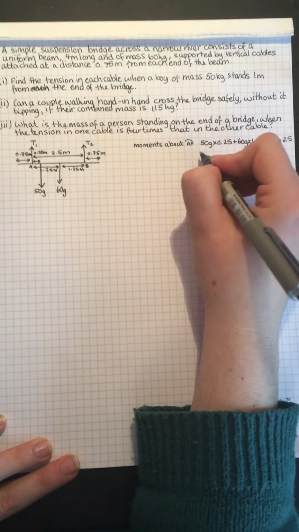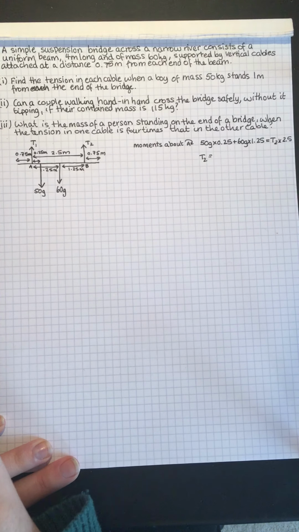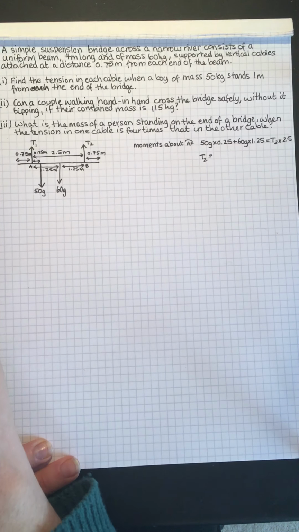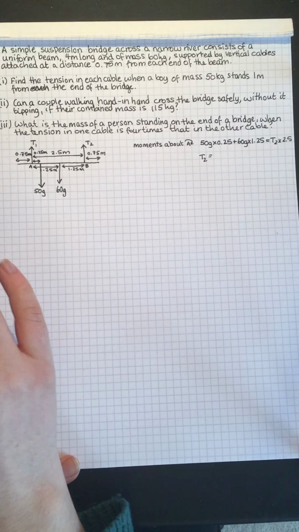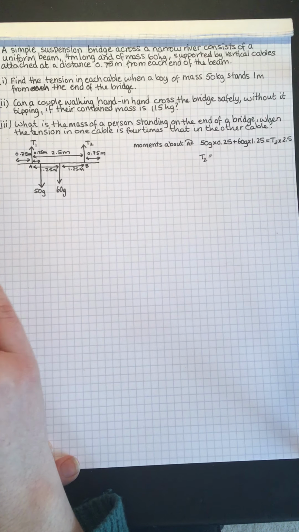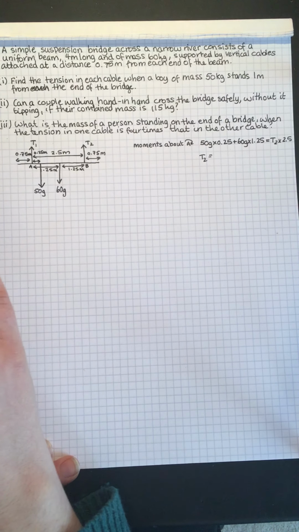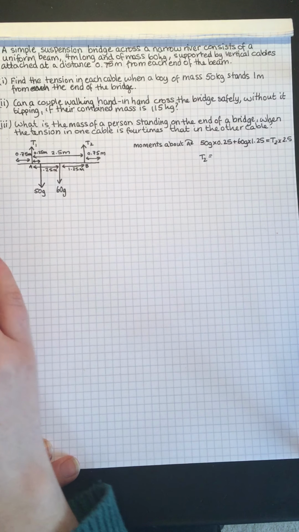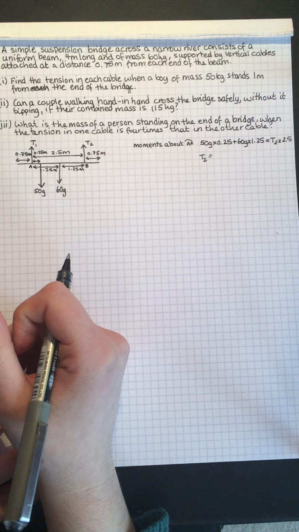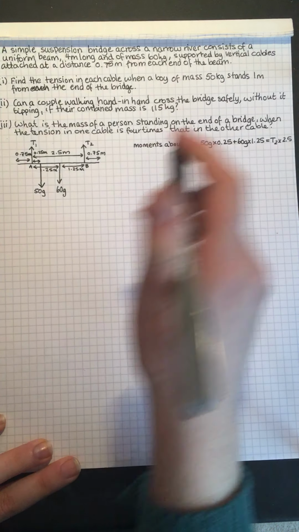Now we just simply need to solve for T2, and we end up with 50 times 9.8 times 0.25 plus 60 times 9.8 times 1.25. That's going to be our total clockwise moment, and then we're just going to divide that by 2.5 to find T2.